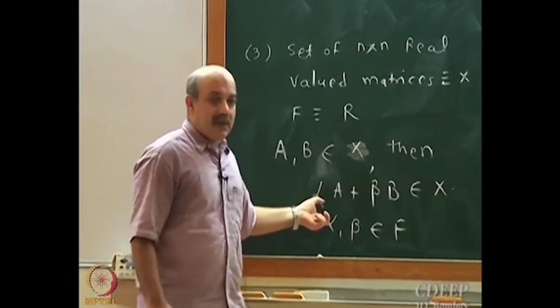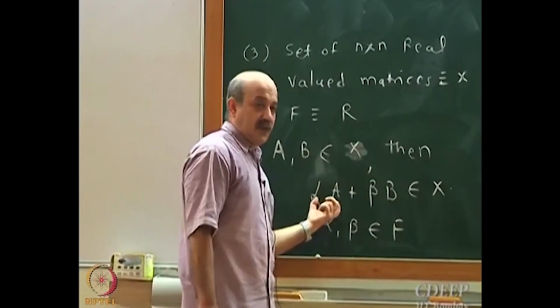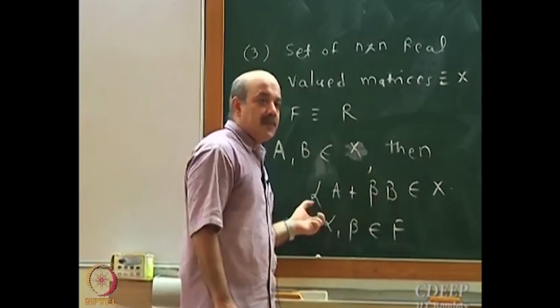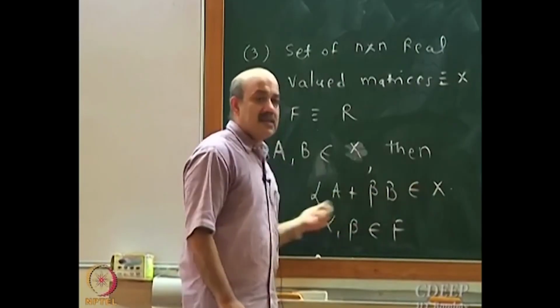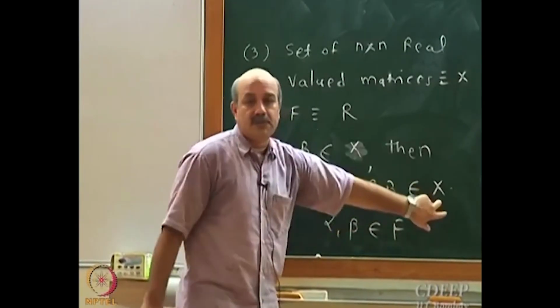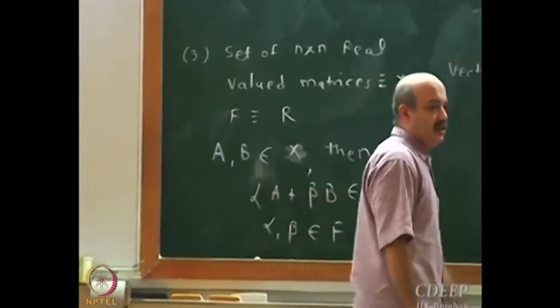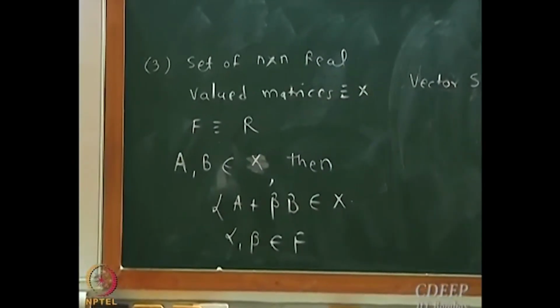If I take a scalar multiplication of A and a scalar multiplication of B, then this sum should also belong to this space, which is true for any n cross n matrix.